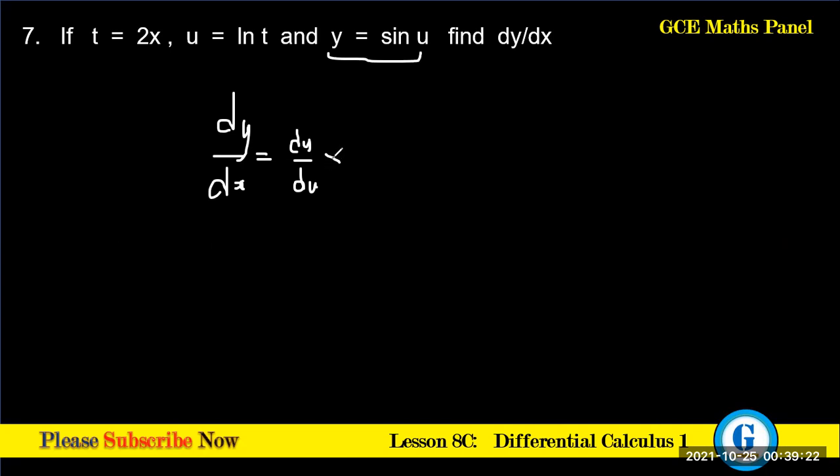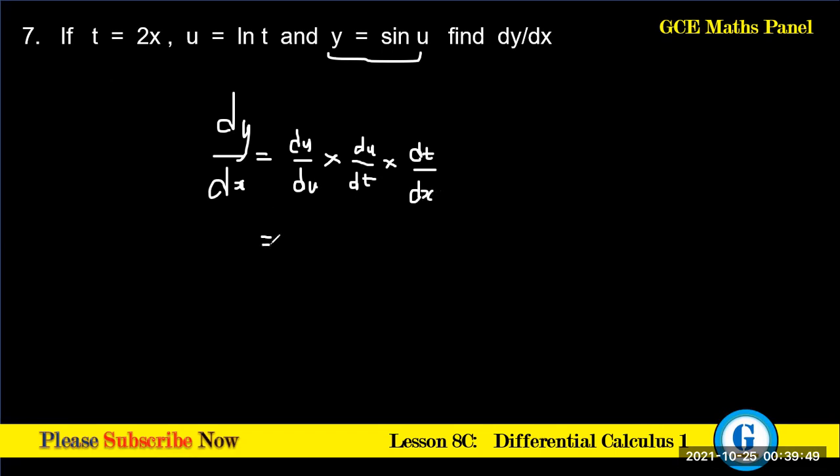Times, the next one should be a function of u now, du on dt, the next function is t, u and t, on dt, times, function with t and x now, times dt on dx.